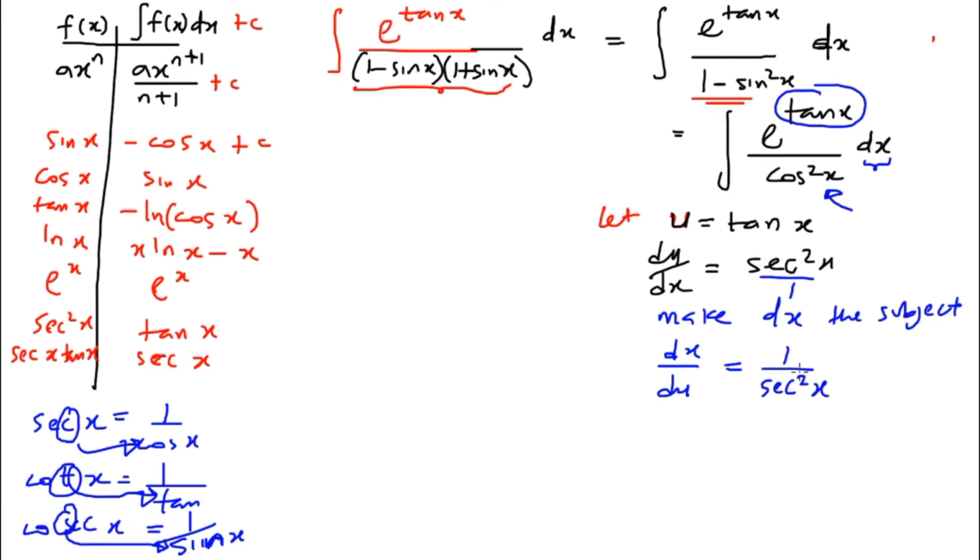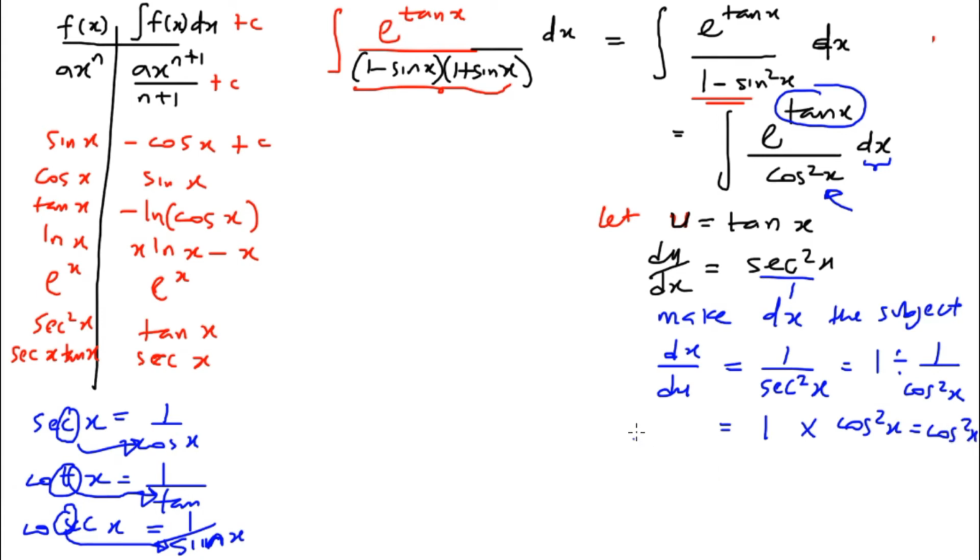Okay, so if sec means 1 over cos, that means I am having 1 divided by 1 over cos squared x, because sec squared x means 1 over cos squared x, and of course that will be 1 times cos squared x, which is equal to what? Cos squared x.